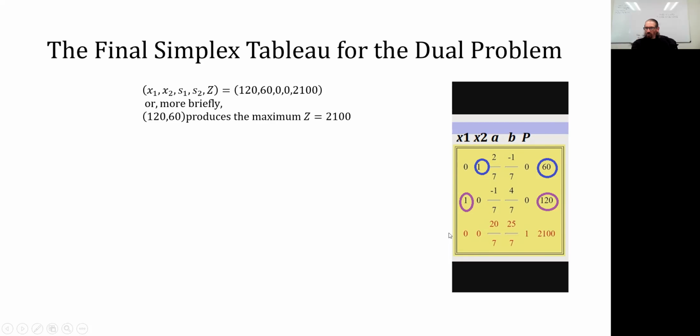But do you notice anything else? If you look straight down under A and straight down under B, we're seeing the coordinates of what we found to be the solution to the primal problem, that first standard minimization problem.